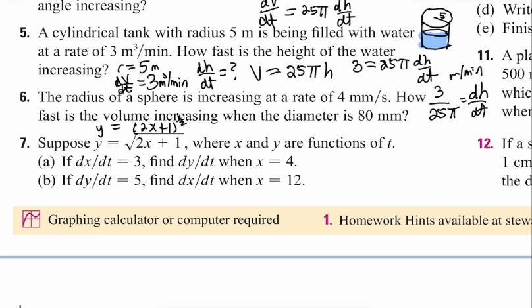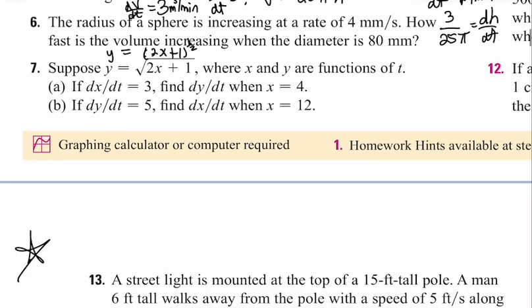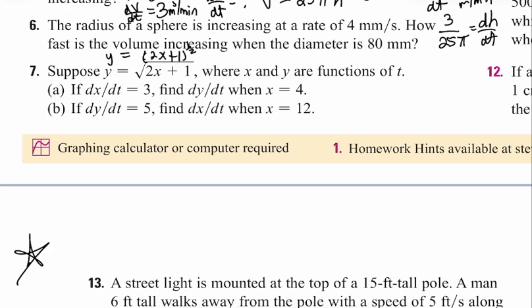So if we differentiate dy/dt, for both A and B, that would be our first step. dy/dt is 1/2 times (2x plus 1) to the negative 1/2 times 2.